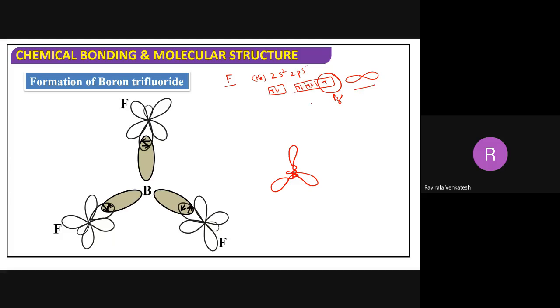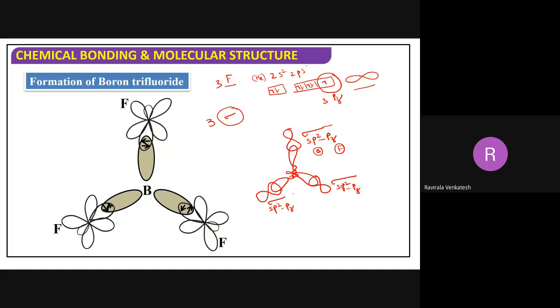Since there are 3 fluorines, 3 pz orbitals will overlap. The bond formed is a sigma bond between the sp2 hybrid orbital of boron and the pz orbital of fluorine. Similarly here also, sigma sp2-pz. So 3 sigma bonds are found.